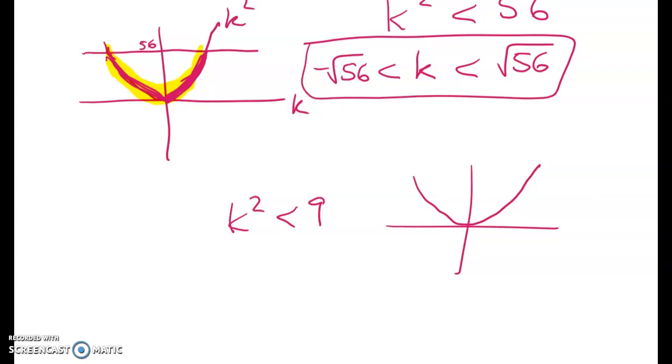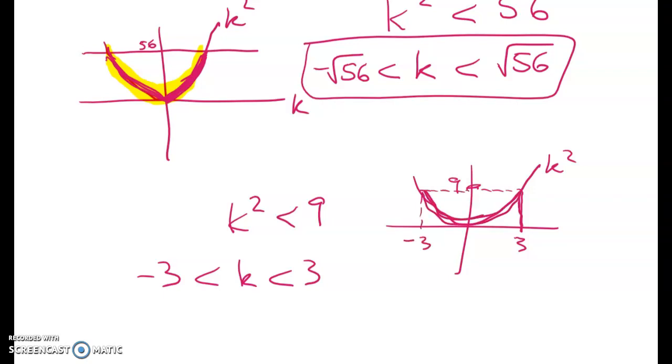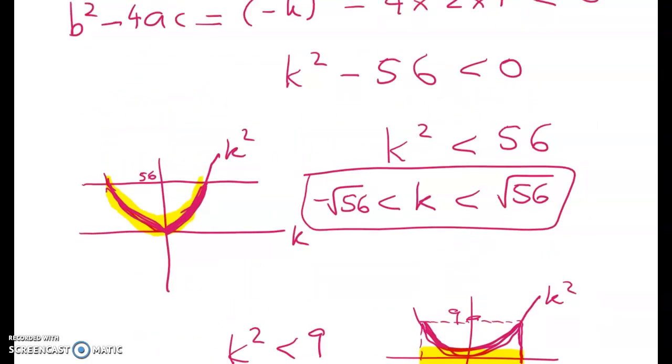I'd have k that has to be between negative 3 and positive 3. So there's 9. So what value of k will give me exactly 9? It's 3, or it's negative 3. And so for any value of k between these two numbers, I'll have a k squared less than 9. So that's question 1 done.